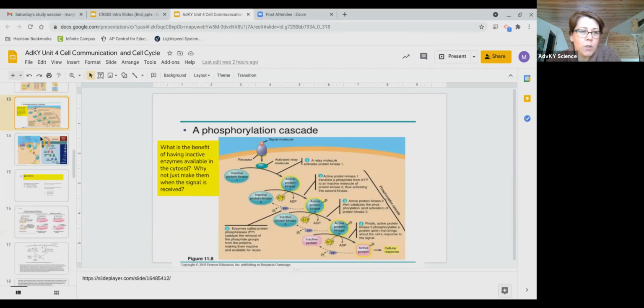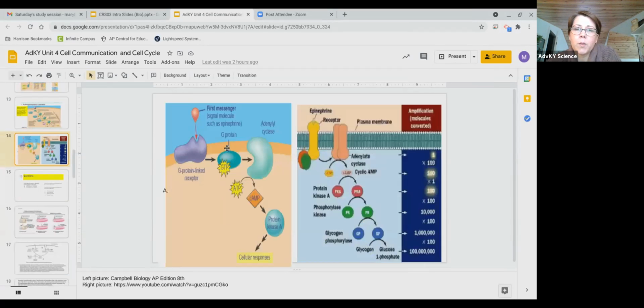Really fast, I'm going to talk about epinephrine. So epinephrine, again, is just showing you the molecule docking to a receptor, through this phosphorylation cascade. Phosphorylation cascades can amplify signals. Epinephrine, if you're not familiar with it, can also be called adrenaline.